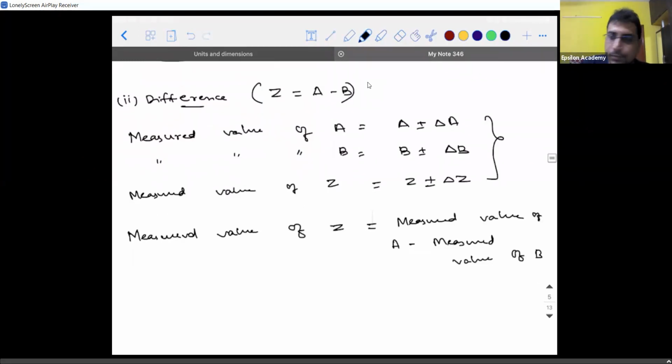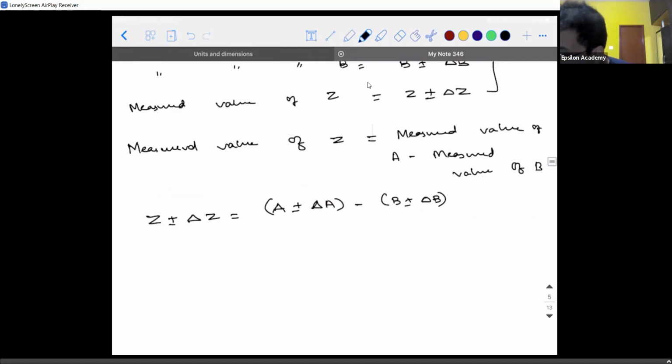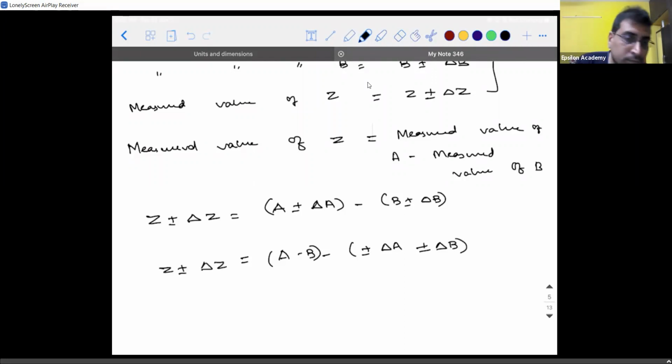Can I say this? So z plus or minus delta z is equal to a plus or minus delta a minus of b plus or minus delta b. Am I right, guys? So I can write this as a minus b minus of plus or minus delta a plus or minus delta b.